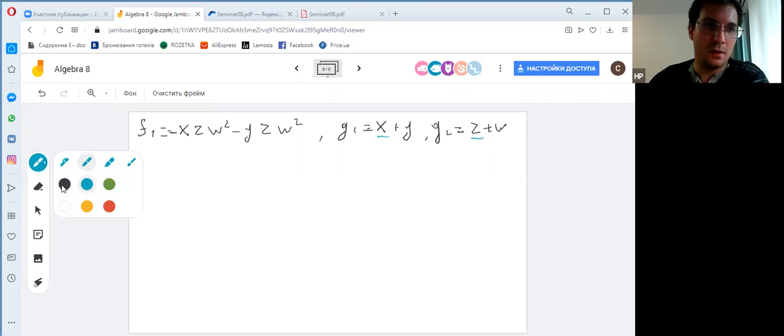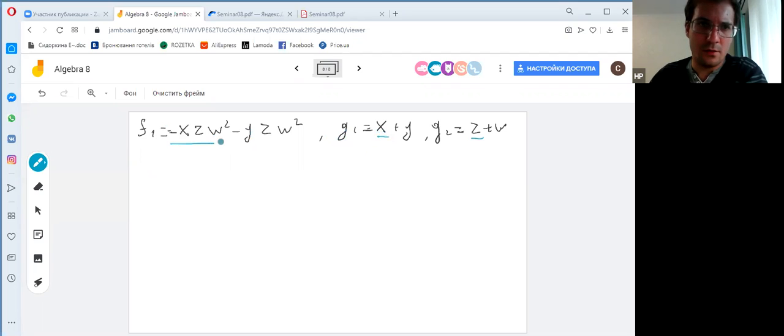So let us proceed. We want to choose a term here in f1 which is divisible by x or by z. So let me say, for example, that this term is divisible by x. So I want to reduce the polynomial f1 by the polynomial g1. I say that this guy is M, and M equals x multiplied by minus z w squared.